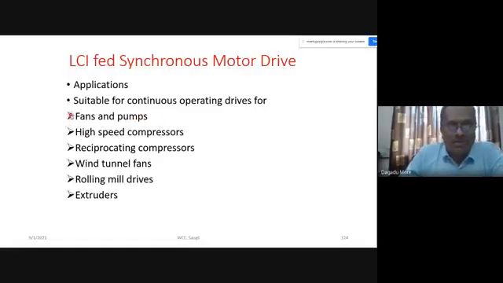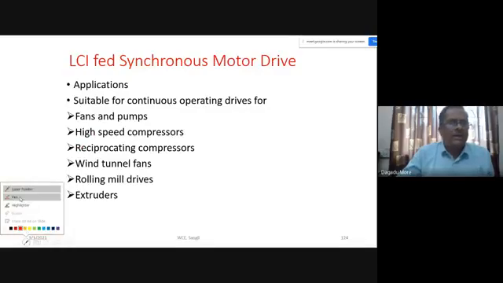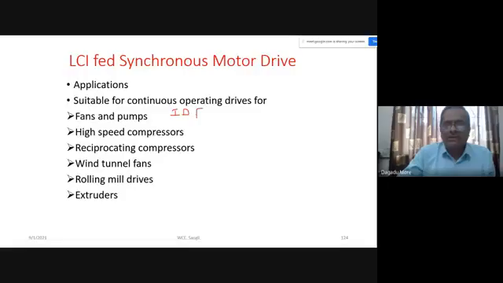These are fans used in thermal power plants, for boilers: the ID fan, induced draft fan, and the FD fan, forced draft fan. These high capacity fans are used for air circulation in boilers, and their rating may be a few megawatts.